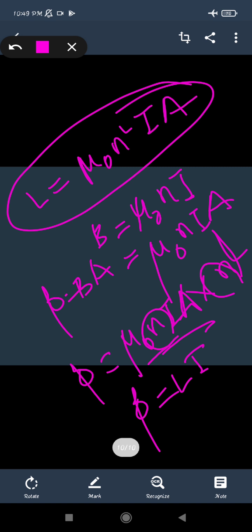This small n is the value of capital N upon l, that is, the number of turns per unit length. So in the solenoid it will depend on the number of turns and on mu, that is, the permeability also. The current is trying to induce an EMF in the coil itself, but by opposing it. So this is taken as self-induction.